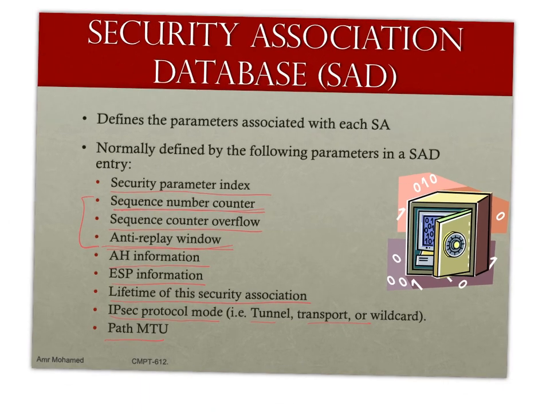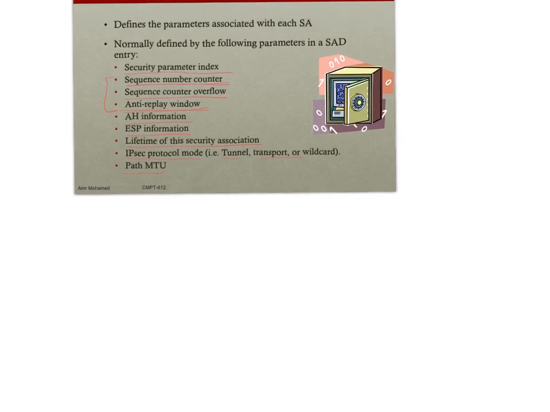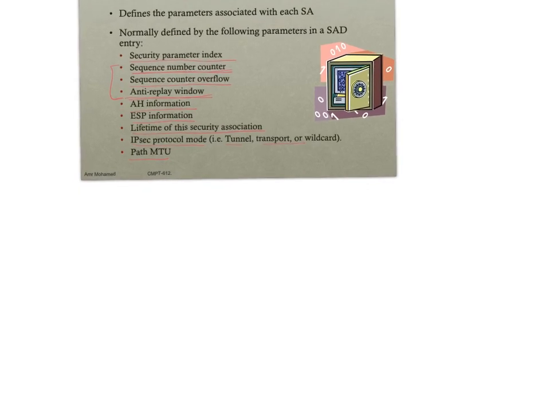So I expect some of you don't remember fragmentation very well. So the idea of fragmentation is that again IP, as we say, is medium agnostic, so it can work over wireless, Ethernet, fiber optics, anything.